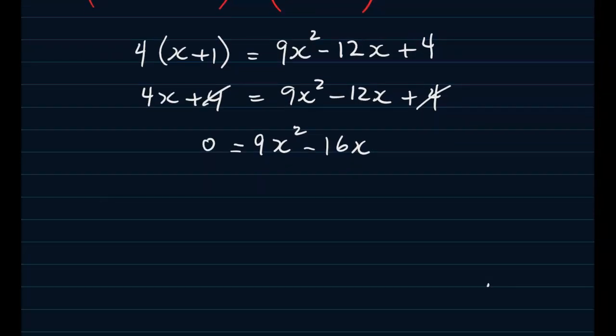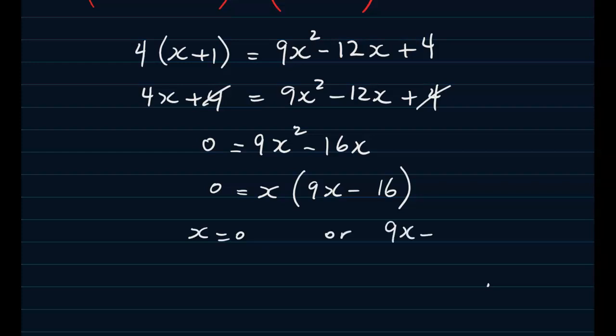Now simply factor the GCF out. We get x times (9x minus 16), set that equal to 0, and that gives us two possible answers: either x equals 0 or 9x minus 16 equals 0, where x becomes 16 over 9.